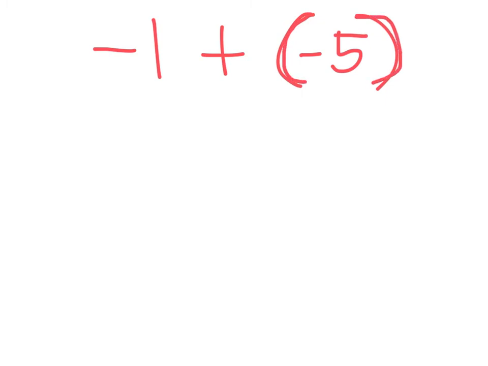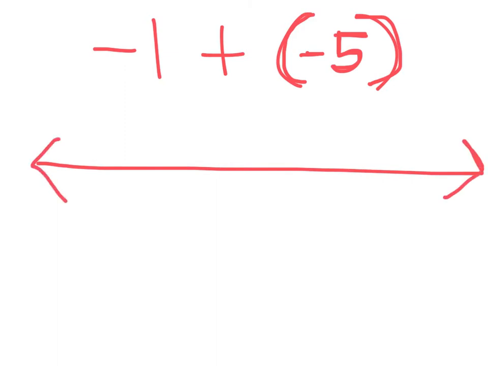Here is another strategy we can use when adding integers. So if I have negative 1 plus negative 5, and we use these parentheses to keep the negative with the 5 right here, we will draw a number line. The first number we always put on a number line is 0, and then we start with our problem.